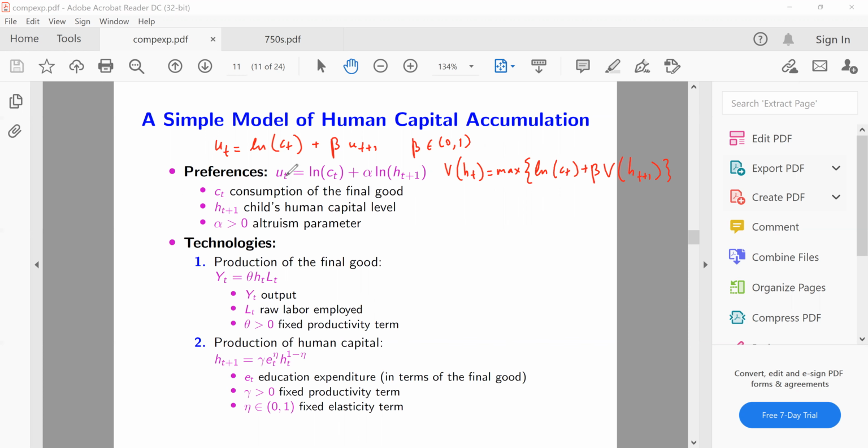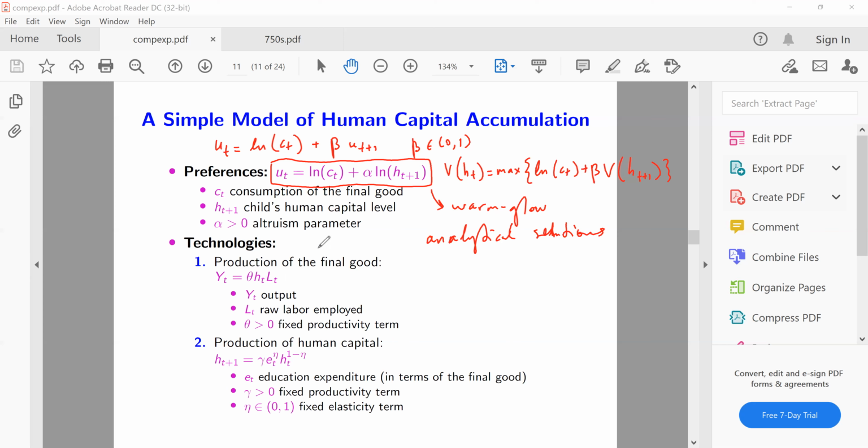But this particular formulation is simpler, and this is sometimes called warm glow preferences. And it basically allows you to find analytical solutions.